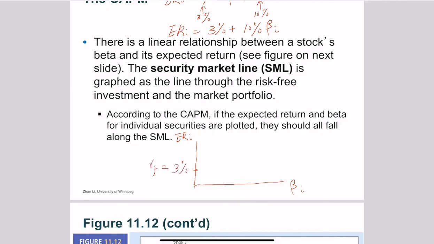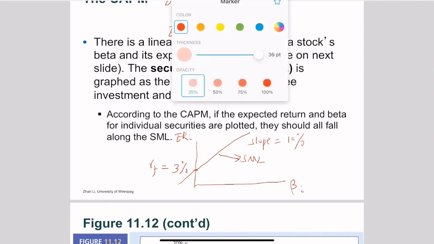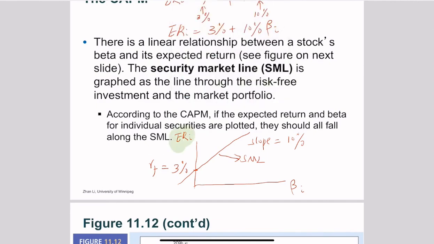What is the slope? The slope is given by 10%, which is the market risk premium. So this is called the security market line, the SML. Basically, the security market line tells you the relationship between expected return and beta.